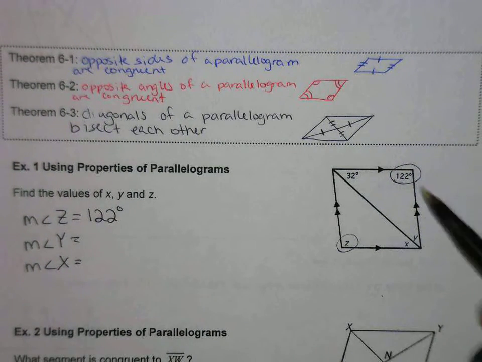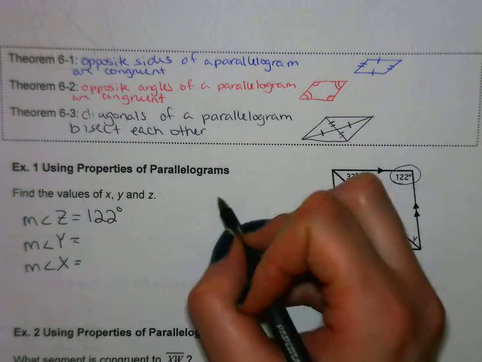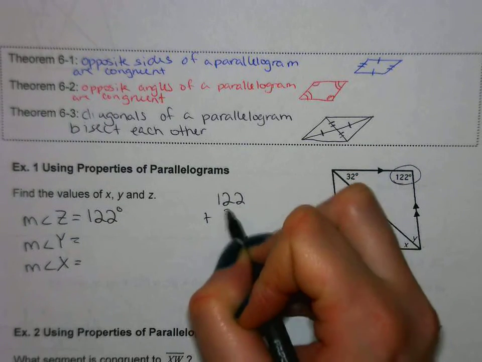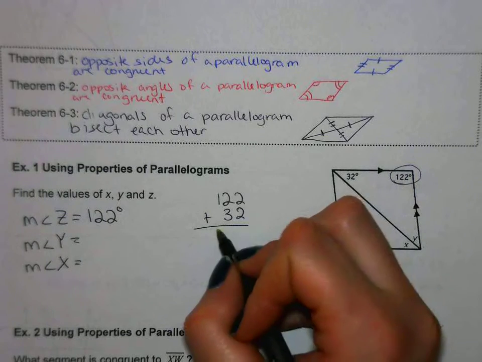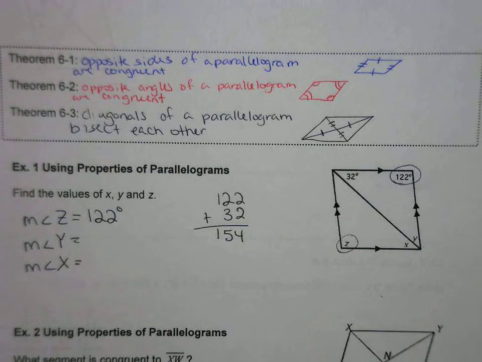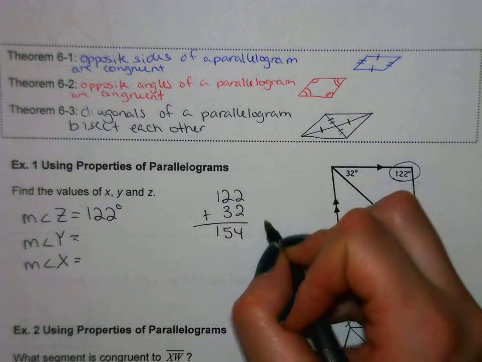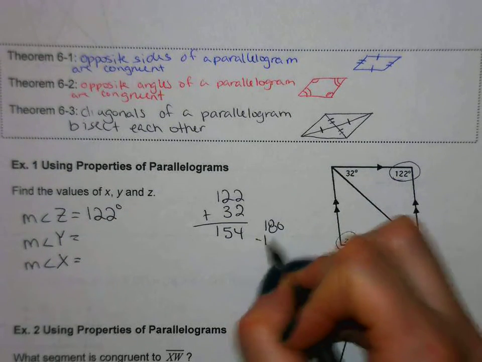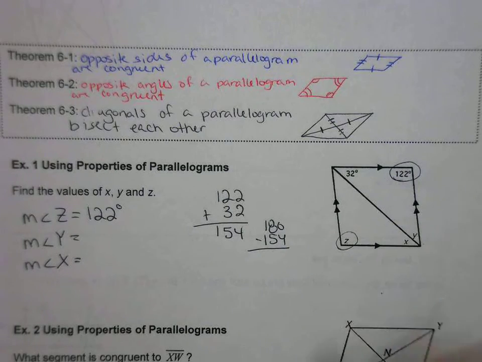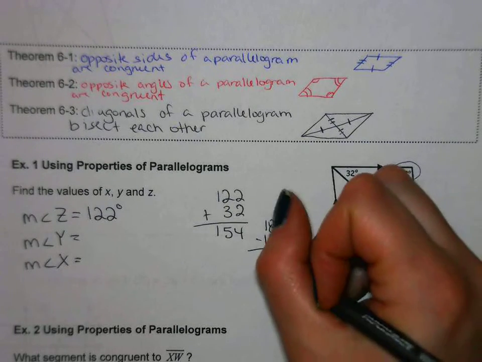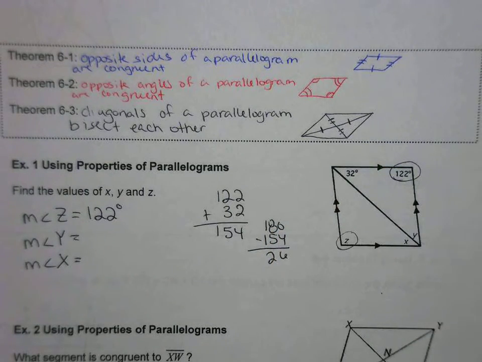And remember, three angles in a triangle add up to be 180. So if we take 122 and add 32 together, we end up with 154. Since we know three angles add up to be 180, if we subtract 154 from 180, it's going to be 26. So this is going to be 26 degrees.